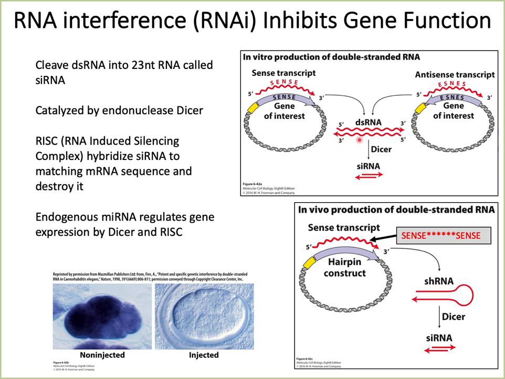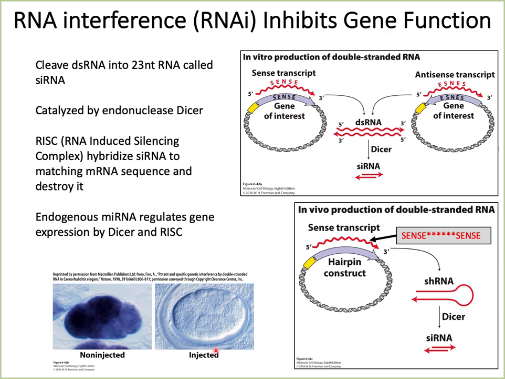So it will flip and make a double-stranded RNA, taking the mRNA from here and the mRNA from here. The dicer that we talked about will make it into a 23 nucleotide RNA, which is called siRNA. So this is an in vitro production of this process, and we can utilize this to silence the gene.